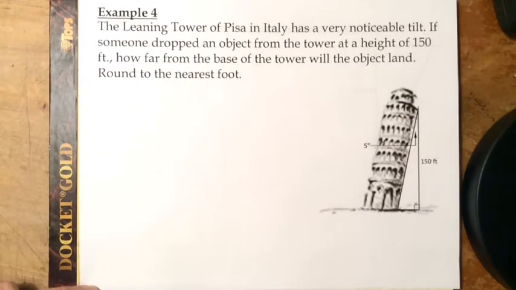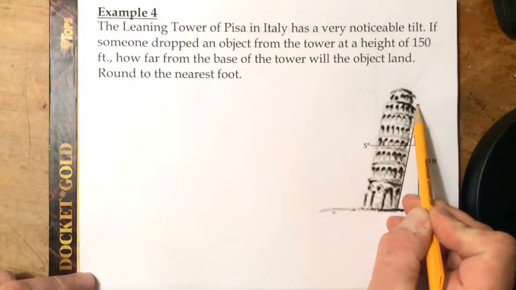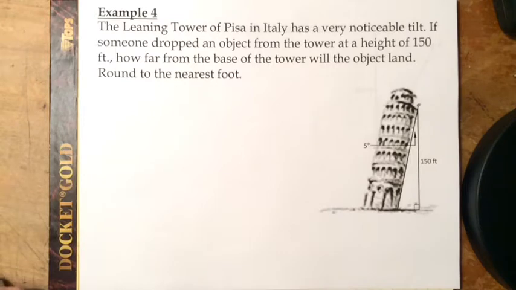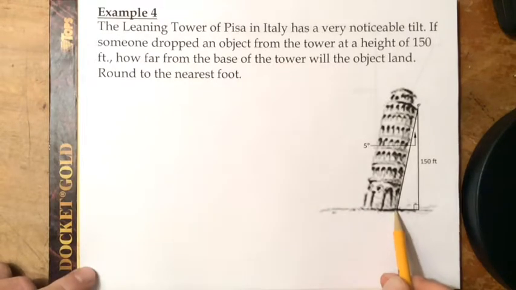Now let's apply a little of what we learned to a real life situation. Example 4. The Leaning Tower of Pisa in Italy has a very noticeable tilt. If someone dropped an object from the tower at a height of 150 feet, right here, how far from the base of the tower will the object land?